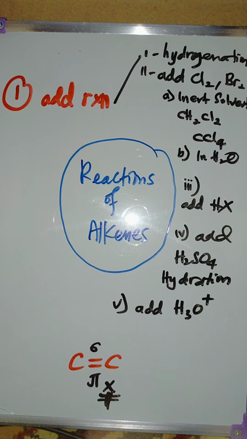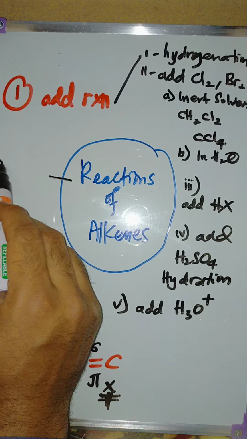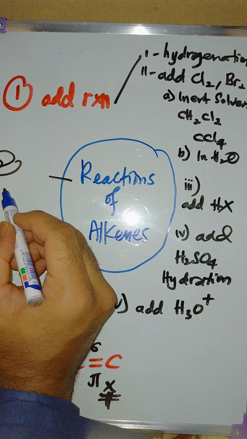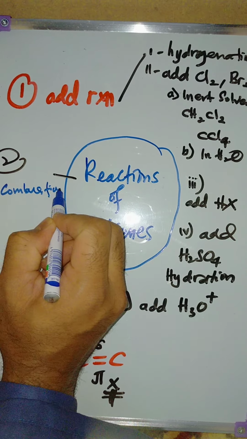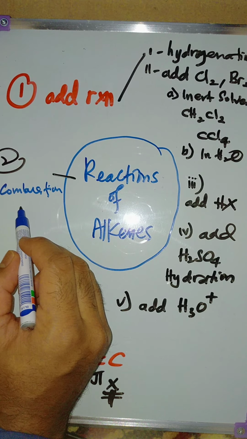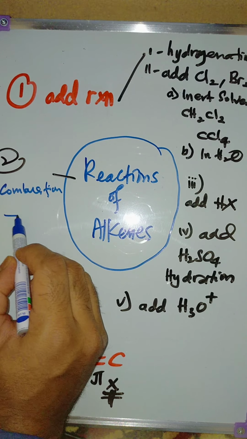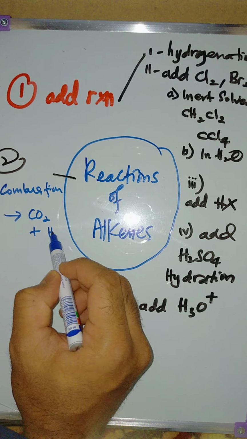Then you will have the second reaction, which is combustion. This one common macam chapter 1 itu. Okay, combustion. This one completely combusts, meaning that the product produced is carbon dioxide plus water.